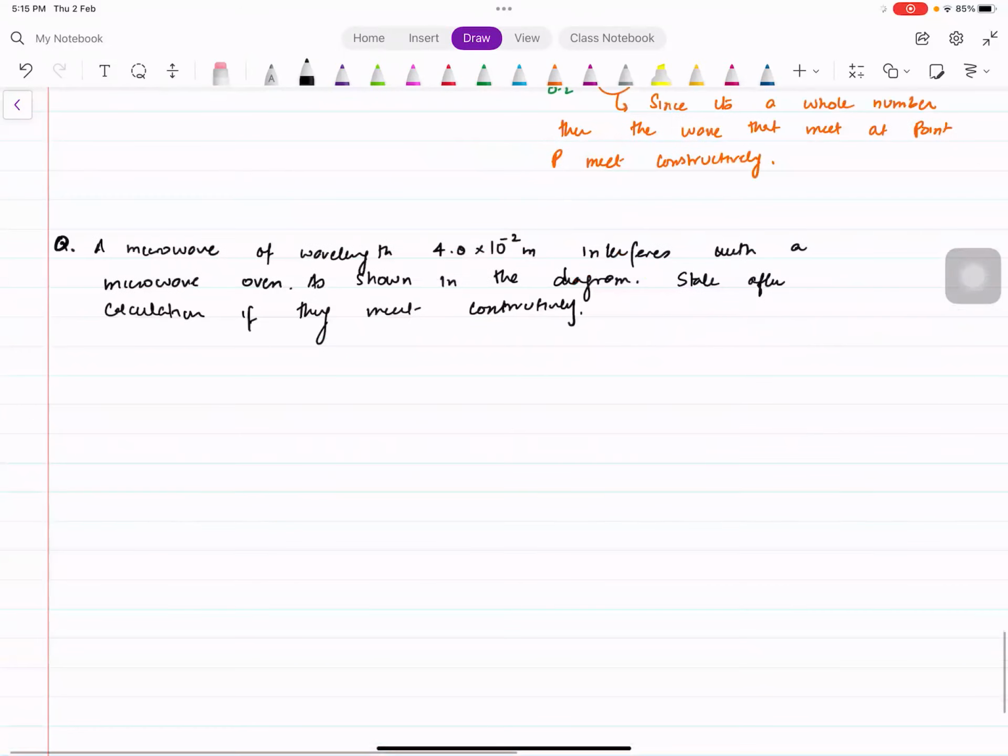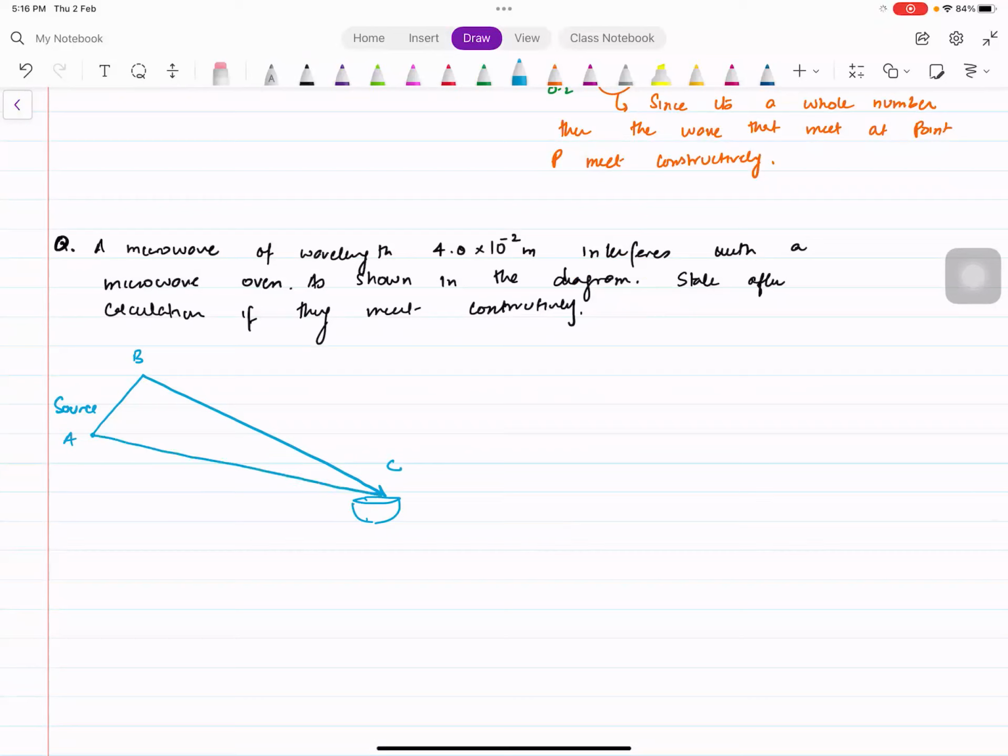So what they've shown is the source here, the hole here, A, B, C, and I guess.